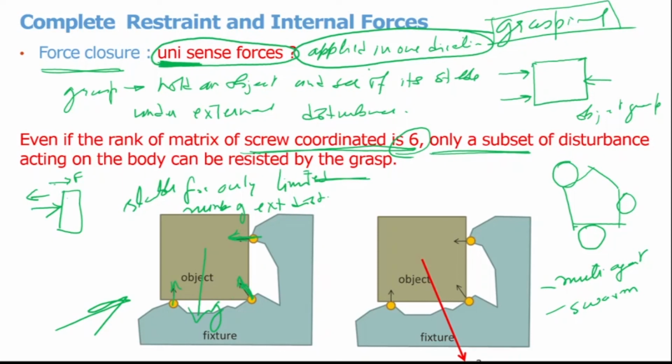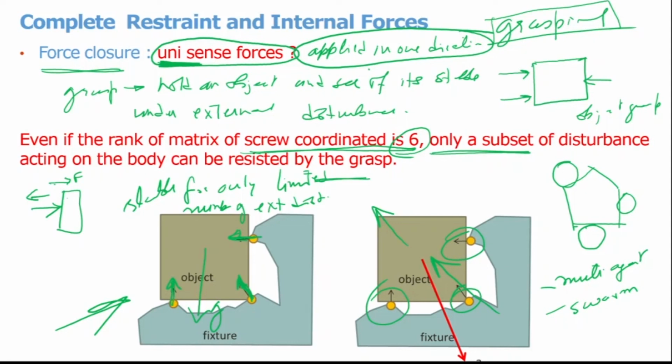So this has a force here, this has a force in this direction, this has a force in this direction, and it is stable. But the moment I use a force in this direction, if I push it in this direction, it will immediately come off. Why? Because it cannot resist forces in this direction. There is no contact which is going to resist forces in that direction. So this contact cannot resist force in this direction. This one cannot, and this one cannot, because they are unisense direction of forces.